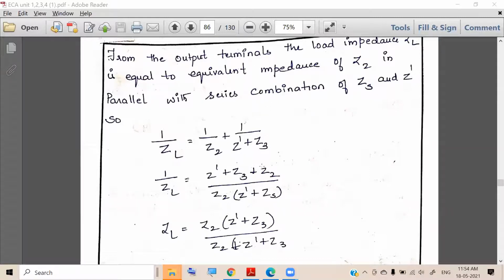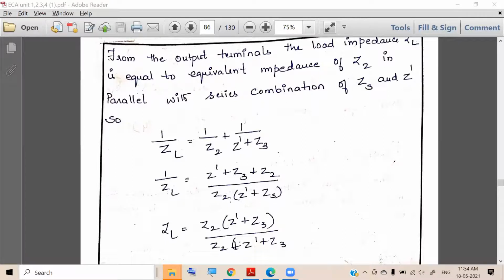Here, if we take the common LCM, then for the denominator we simply multiply both the denominators. That is the LCM we will get, right? So simplifying further, multiply both denominators: Z2 into Z dash plus Z3. Simple school level mathematics, no magic.